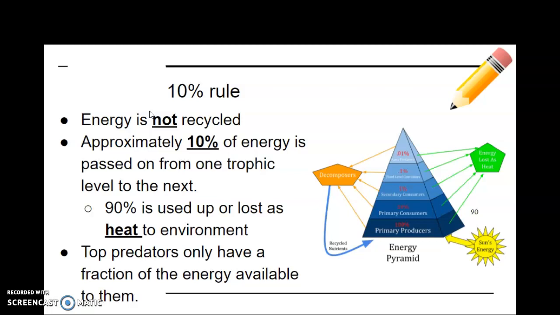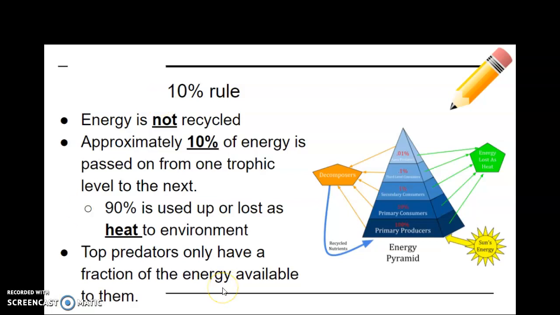Once we use up energy for just living our lives and moving around, most of it gets converted to heat energy. And our bodies are not very good at trapping heat. So the heat escapes our bodies and goes into the environment and then eventually leaves the planet and goes to outer space. And once the heat is gone, it's gone. We can't do anything with it. So we need a constant supply of energy.